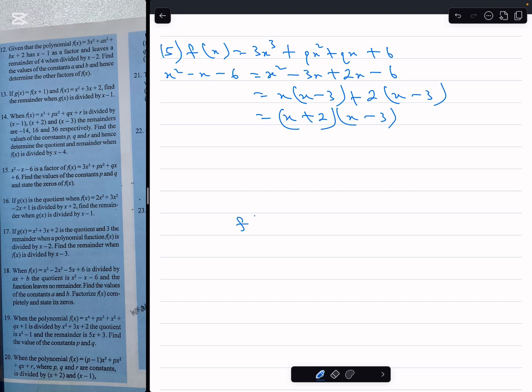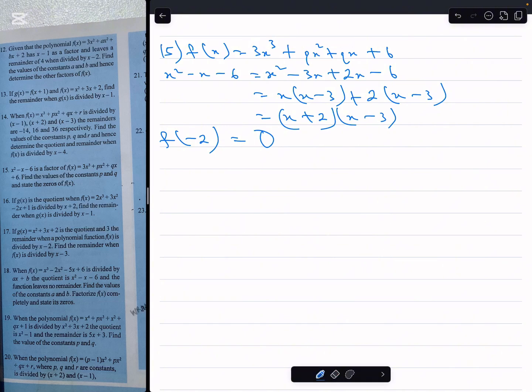I just know that if f of x is divided by x plus 2, the remainder will be 0 because x plus 2 is a factor of f of x. I'm using the remainder theorem now. If you divide f of x by x plus 2, the remainder will be f of minus 2. So that means f of minus 2 equals 0.